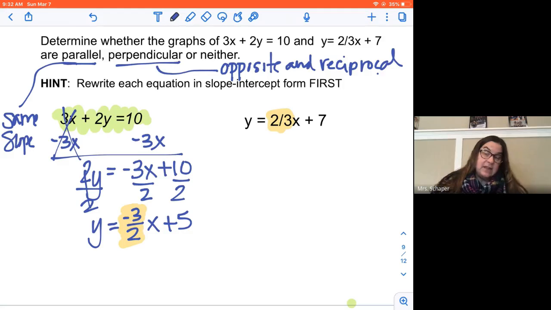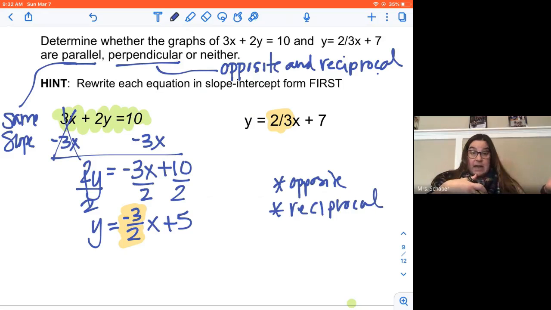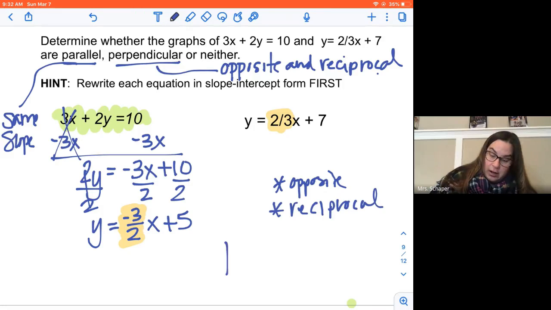I notice that they are both opposite and they are reciprocal. Opposite means one's positive, one's negative. Reciprocal means the fractions are flipped. So that means that these two are perpendicular.